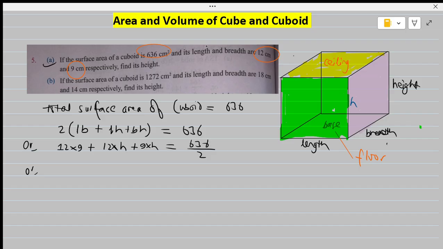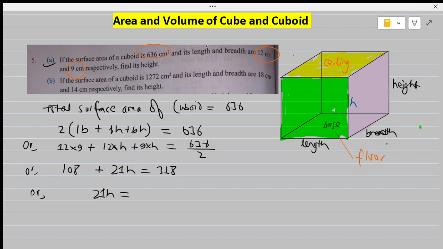Now 12 times 9 is 108. So these are 12h and 9h, they will get added, so you get 21h. And when you divide 636 by 2, you get 318.